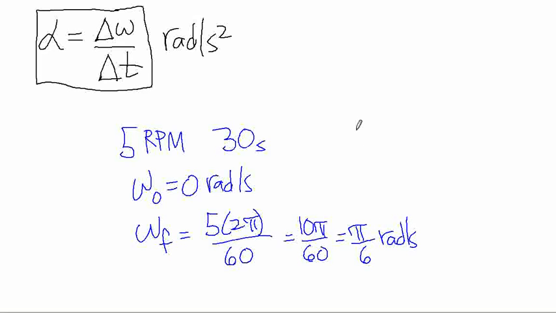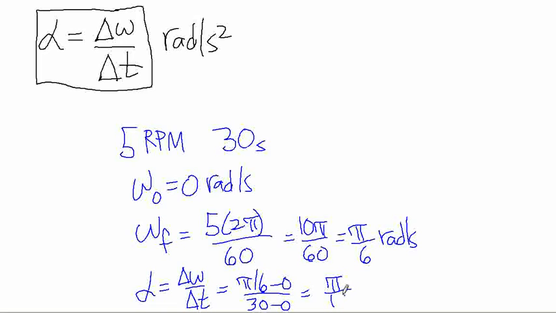Okay, so now we can calculate alpha, which is the rate of change of angular velocity. So pi over 6 minus 0 over 30 minus 0. So pi over 180 radians per second squared.